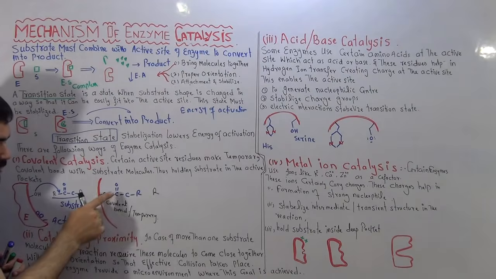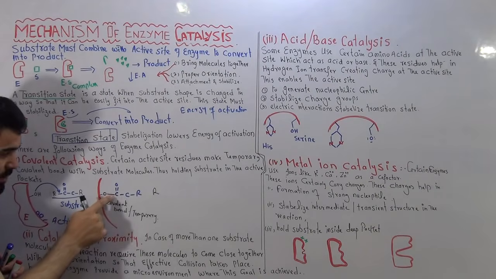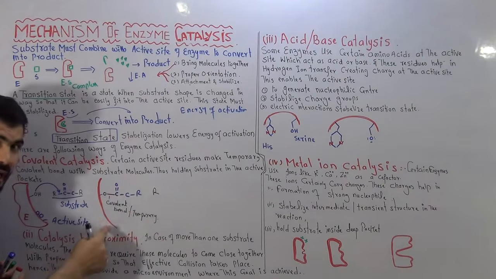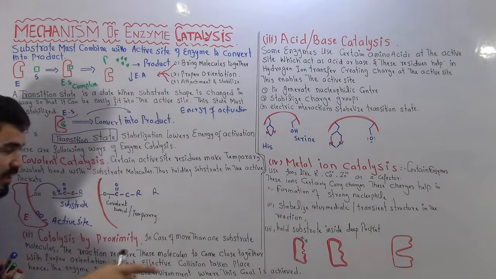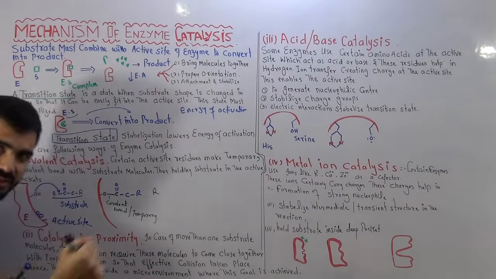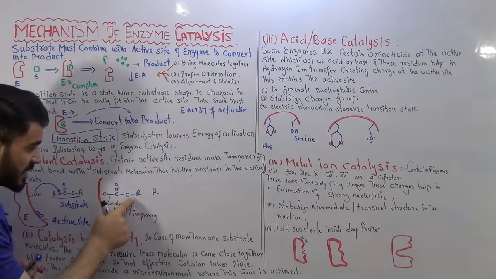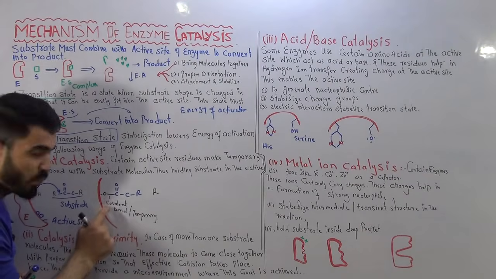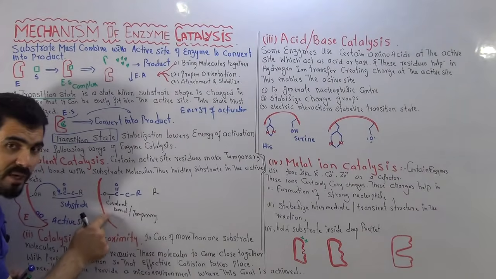So for a little time, this covalent bond will keep the substrate in position. I told you in the beginning that we want attachment. So the substrate is finally attached at the active site with the help of the covalent bond.